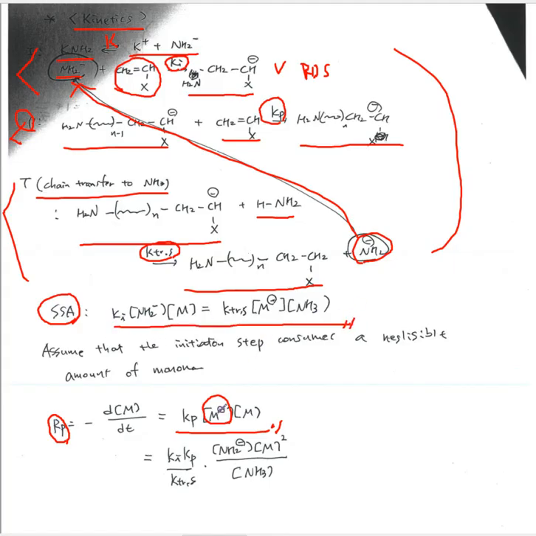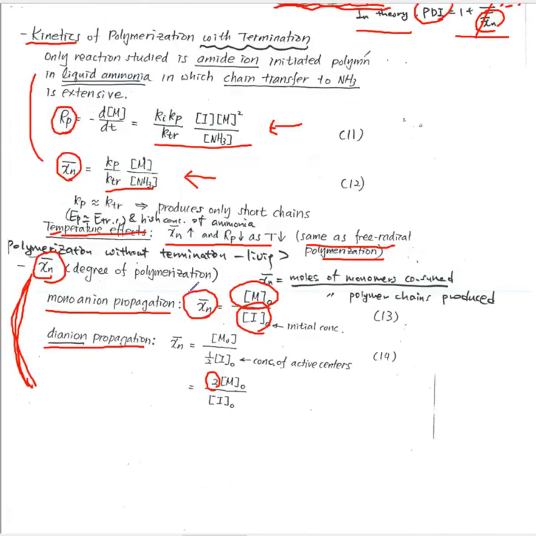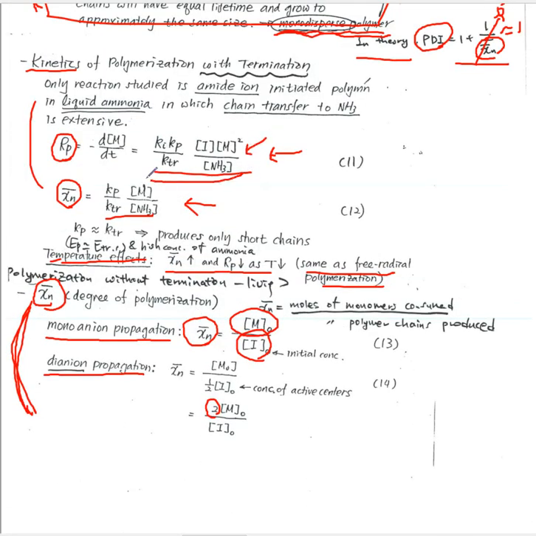Then you can replace this concentration using these equations and you can get these expressions as shown in the previous slide, right here. It's pretty much the same procedure that we used in dealing with cationic polymerization.